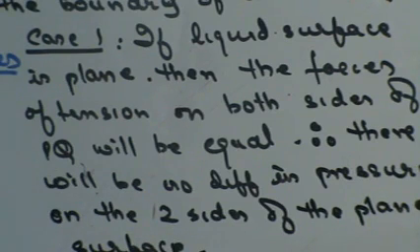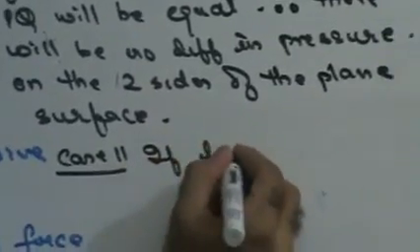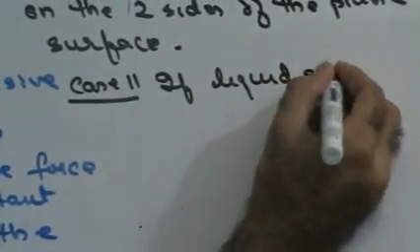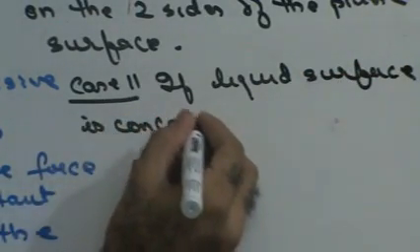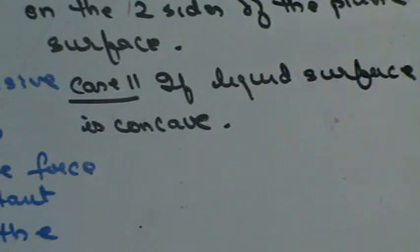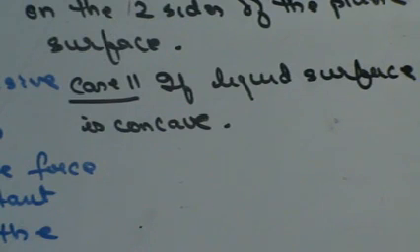Case 2. Let's consider that the liquid surface is concave. Now that's this diagram, the second diagram, right? If the liquid surface is concave, then the resultant of the surface tension acting on element PQ acts vertically upwards.